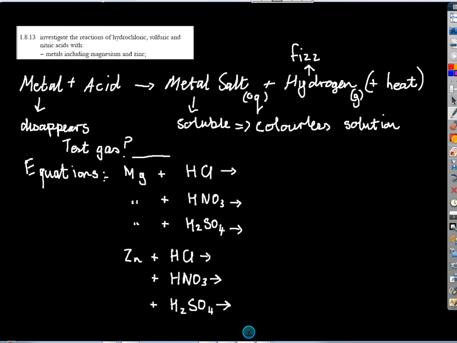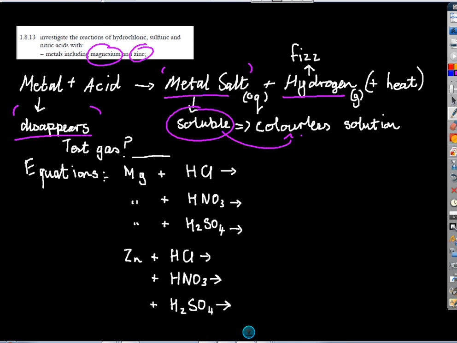Well, first of all, the metal will disappear, and that's very simply because the product that is formed is, as we've said here, soluble. And when it's with magnesium and zinc, the product will always be colorless. They form what we call colorless salts. You will get hydrogen, okay? And because you get hydrogen, you will see some fizzing, so that's an observation. Okay, you will also get heat.